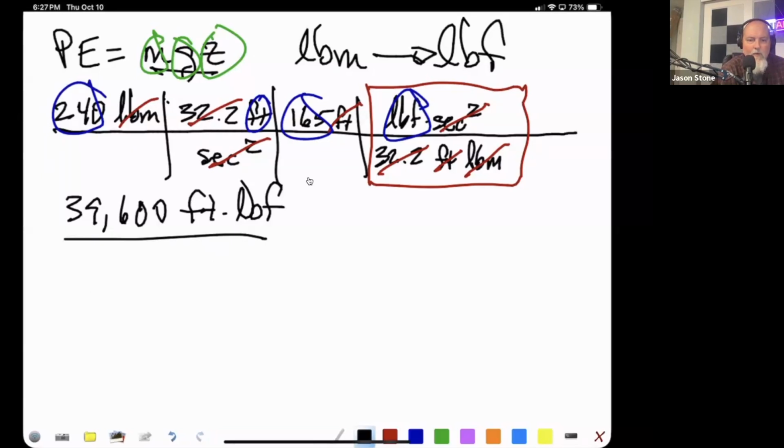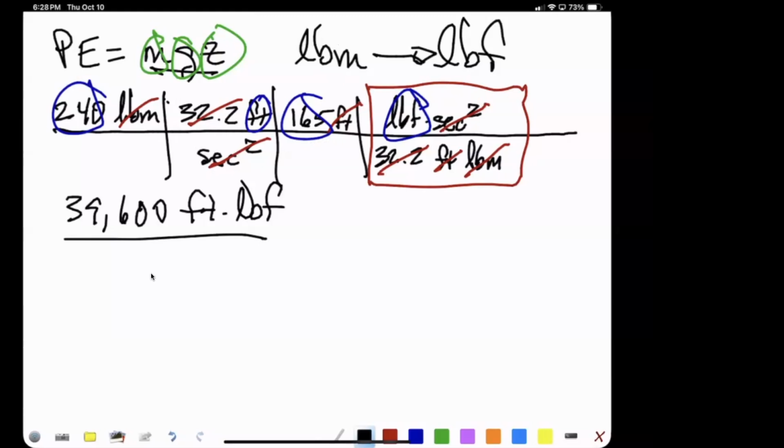It's like the final word on the gravitational constant in energy problems. Here we go. How do I change what I'm sharing? There we go.